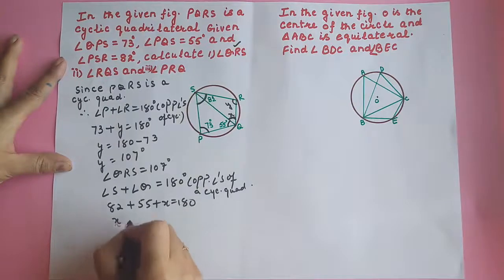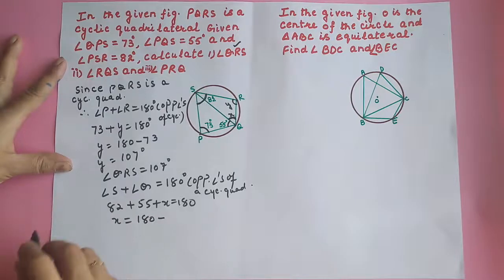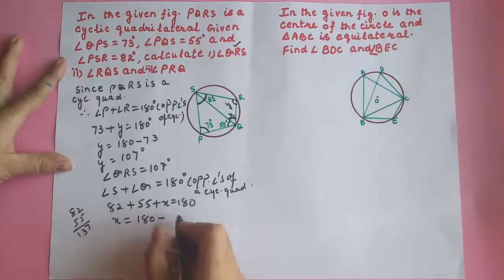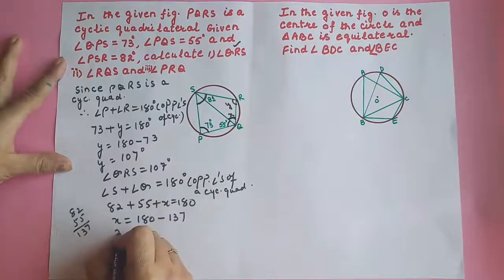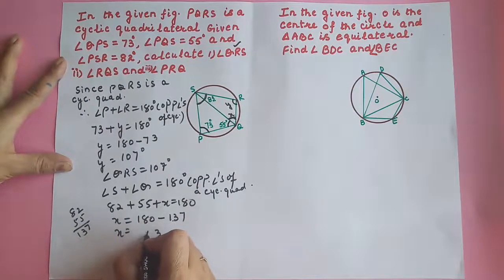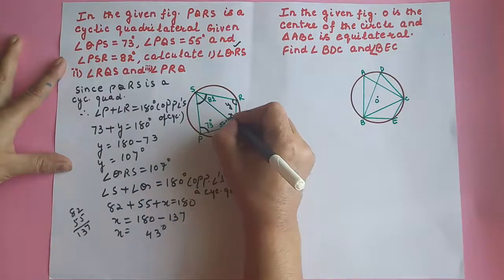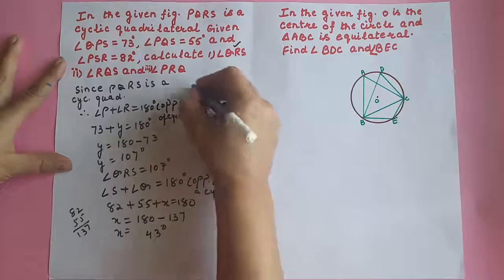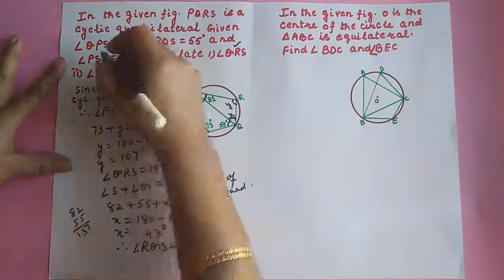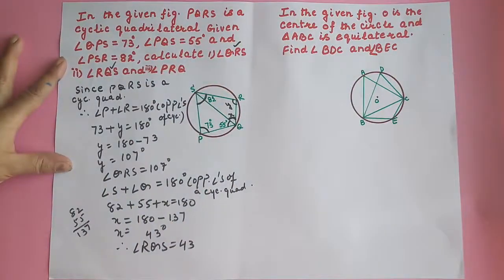So X is equal to 180 minus, how much is 82 plus 55? 137. So X is equal to 43. So you got your X, which is your angle RQS, as 43. So we have answered the second part of the question also.